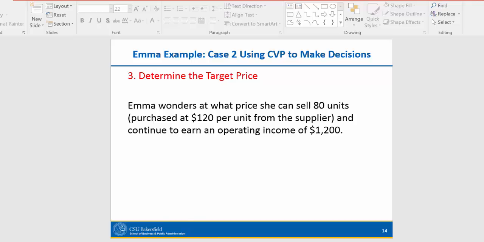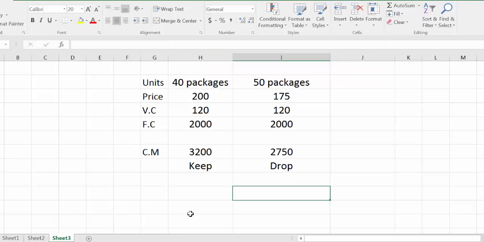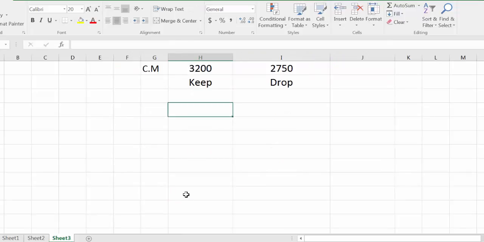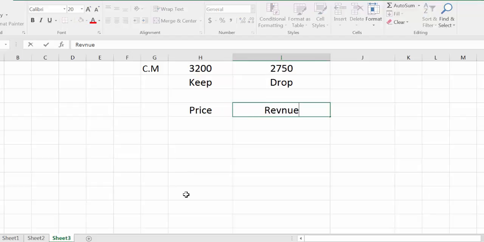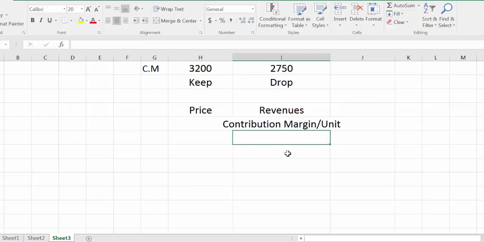Now you have to go back and find the price. So you can basically draw a diagram to put all the information together. The price is connected to the following concepts: revenues, contribution margin per unit, and total contribution margin if you also know how many units are being sold.